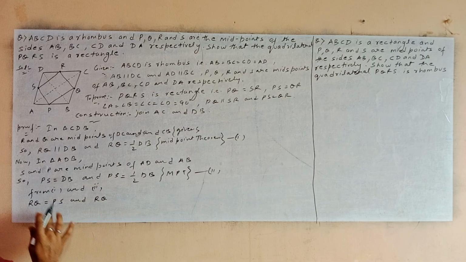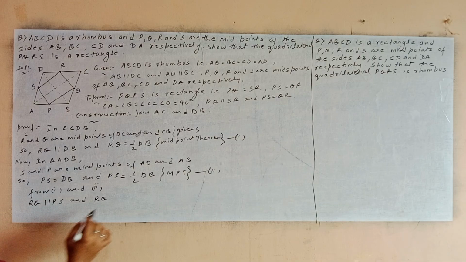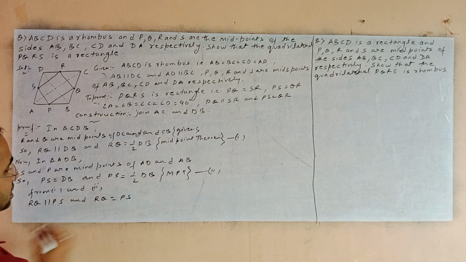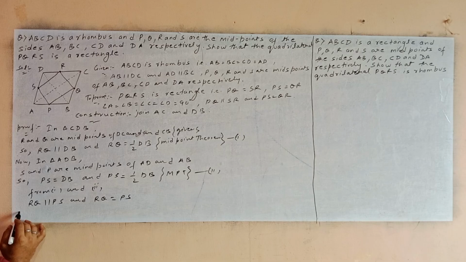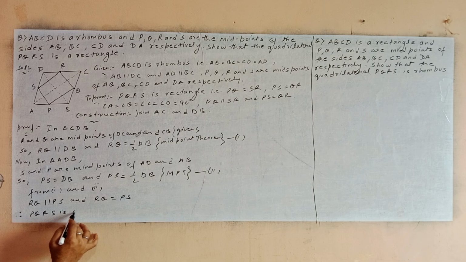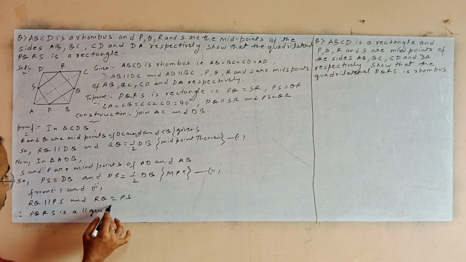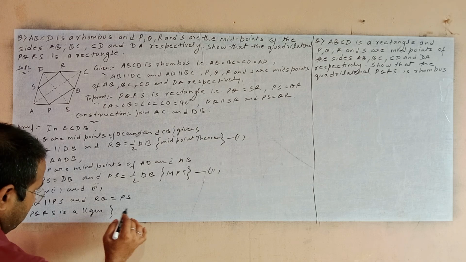Therefore you can write: if any one pair of opposite sides is parallel and equal, then the given quadrilateral is called a parallelogram. Therefore, PQRS is a parallelogram.